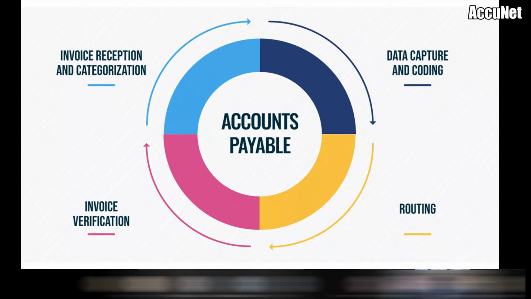But AP can have a tremendous impact on cash flow and cost savings, which can impact the bottom line much quicker than a new sales campaign or a new product launch could, with a lot less expense. So we'll talk about that as we move forward here.